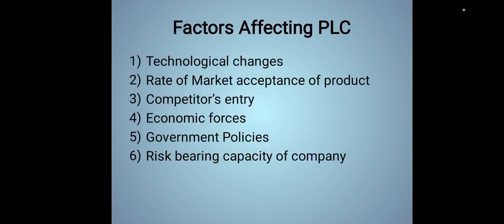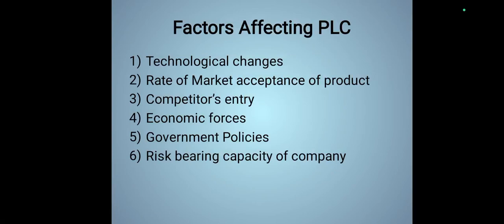Third is competitors' entry, whereby there is entry of other alternative competitors, other companies which are producing products similar to yours, and they are doing better promotional activities than you to attract the customer. So now your customer will start switching and you will have to face a decline, a maturity stage, a slower pace of your company because of the competitors' entry.